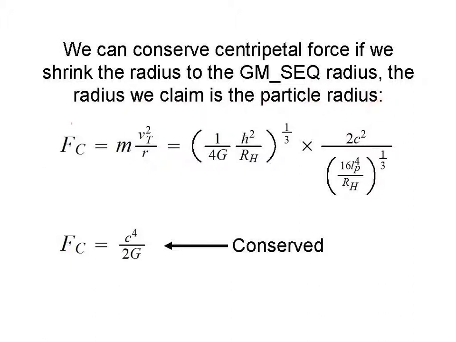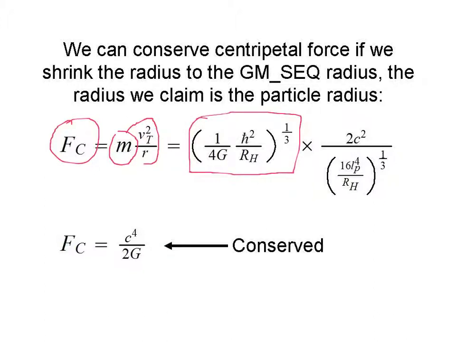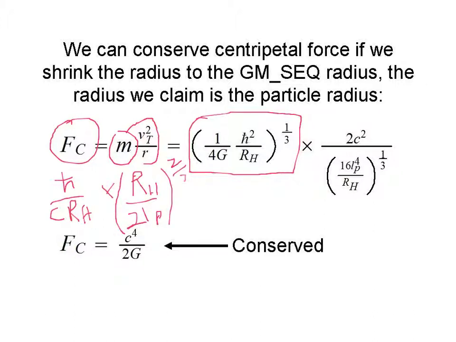So we take our centripetal force, which is equal to the mass times the angular acceleration, and our mass of a particle, which equals the mass we just saw, which is h bar over c times r sub h, times r sub h over 2lp to the 2/3 power, which is the number of SEQ that we're compressing into the radius here, and we get our conserved value.